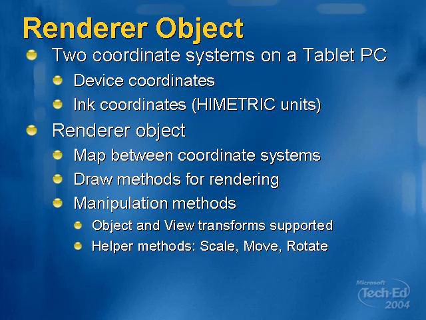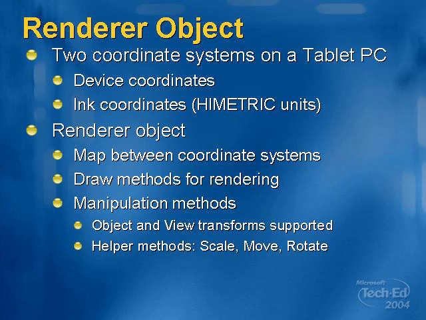And then you have device coordinates for your display or your printer or whatever it is you're rendering to. And the renderer object will allow you to map between those coordinate systems. There's a couple of methods, pixel to ink space and ink space to pixel, that allow you to do that quickly and easily. And then there's a set of draw methods as well for actually drawing the ink data to the devices.